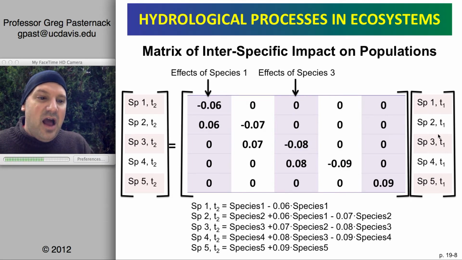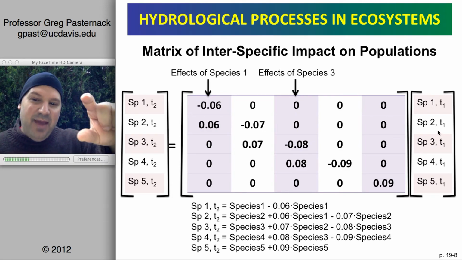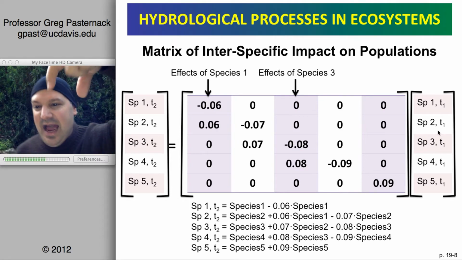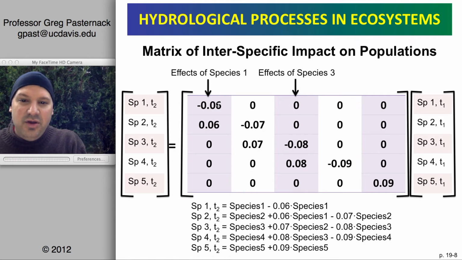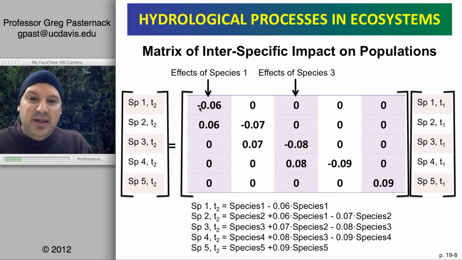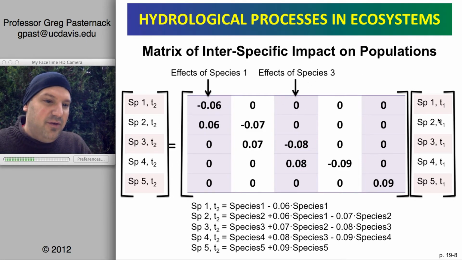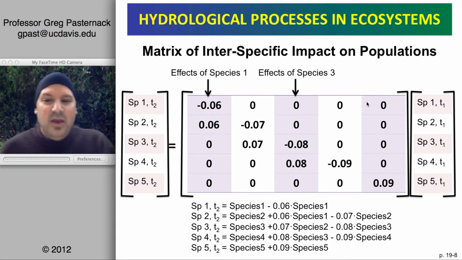If you take that column, and with my hand, that's vertical, if I flip it sideways and then interact it with the first row, then that's the mathematical function to predict species 1 at time 2. So species 1 at time 2 equals negative 0.06 times the value of species 1 at time 1, plus 0 times the value of species 2, 0 times the value of species 3, and so on.